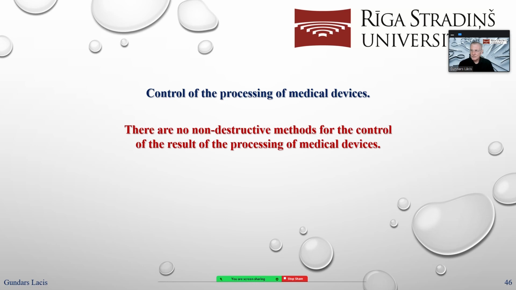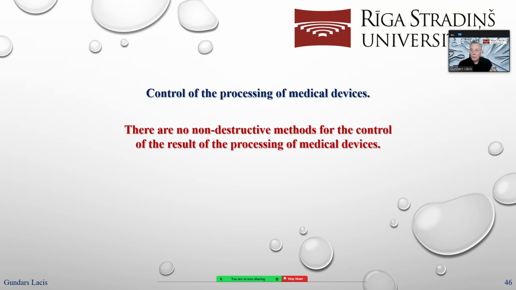So technicians who are making decisions on whether it is allowed to send to the doctors or not have no possibilities to measure. What they can do is just check indicators or indications about the processes.